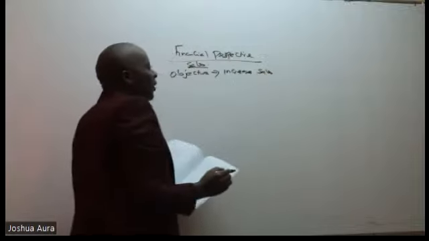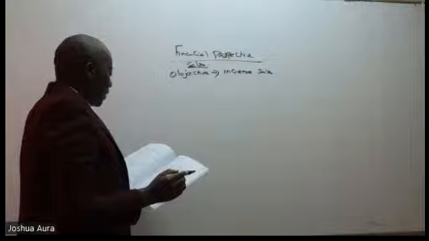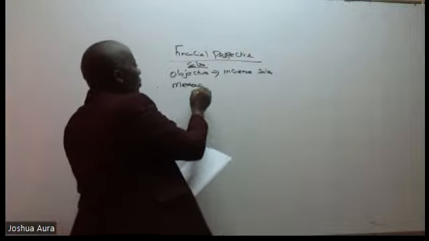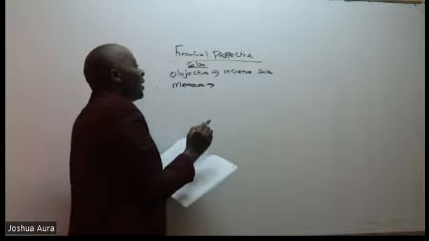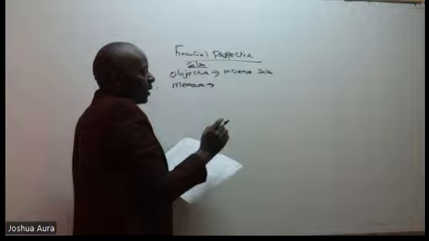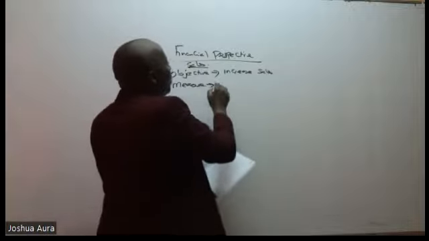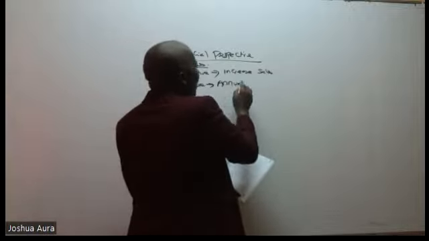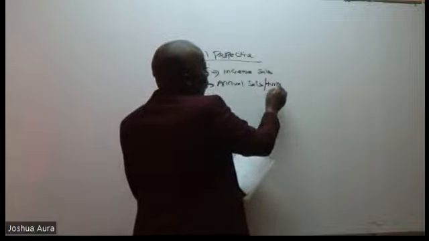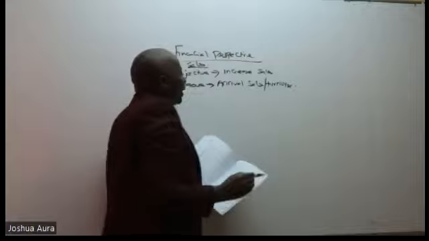That is the objective. And then, ladies and gentlemen, how do we measure this? To measure, for example, we could talk about changes in the sales figures. We could just measure this using the annual turnover, annual sales.